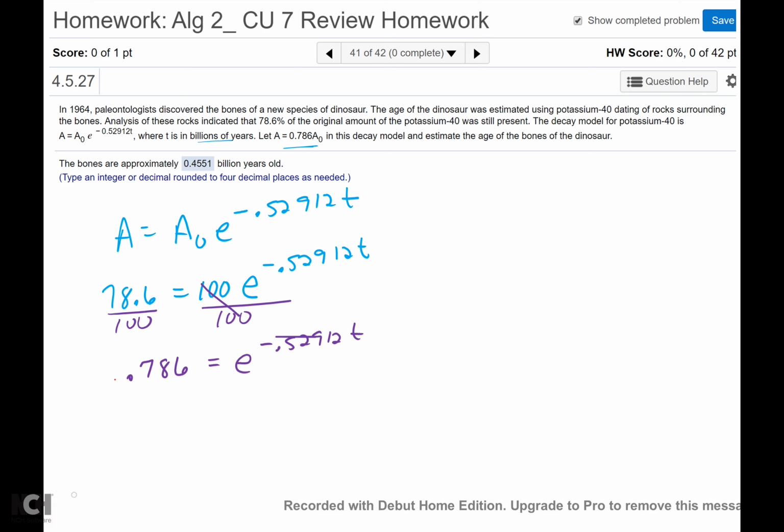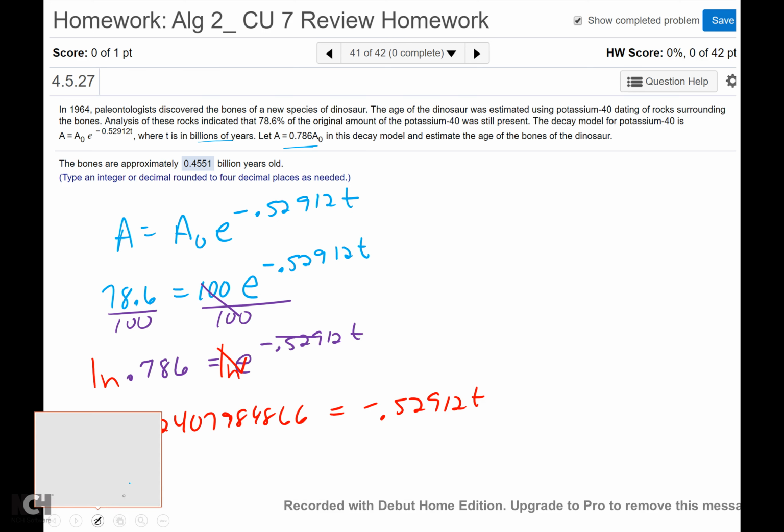So to get it out of the air, I'm going to have to natural log both sides. So ln of 0.786 is negative 0.2407984866 equals, those cancel, negative 0.52912t.